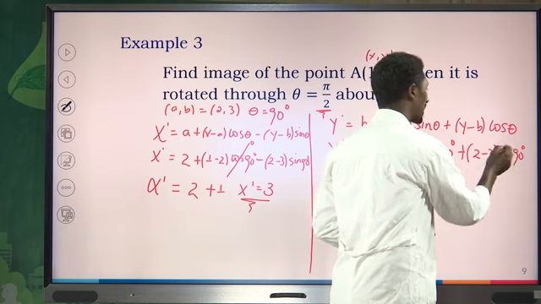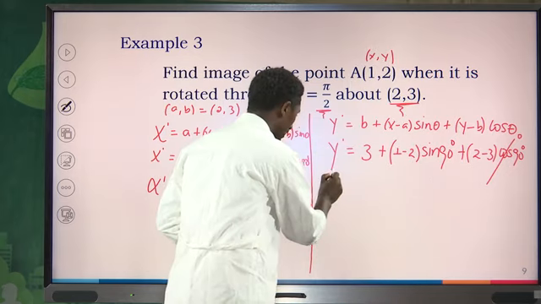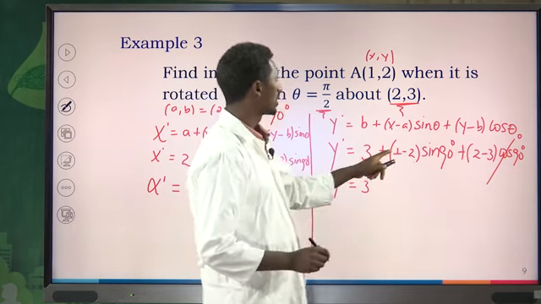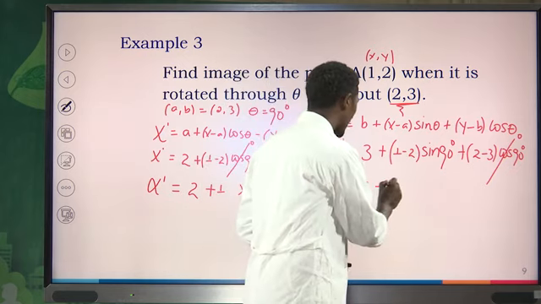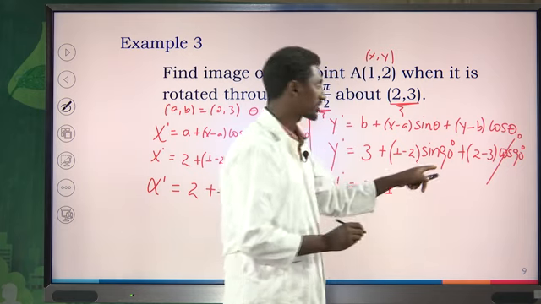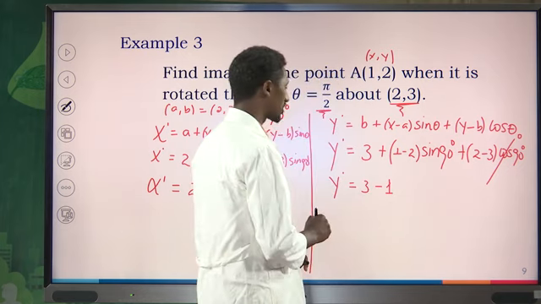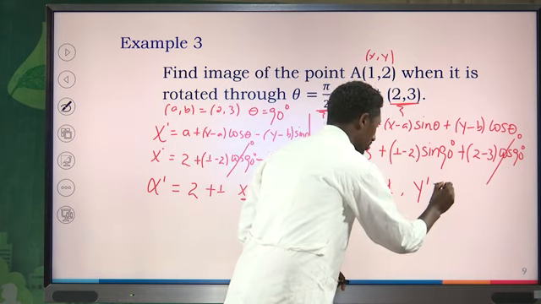Cos 90 degrees is 0, so this value is 0. Therefore y prime equals 3, then 1 minus 2 is minus 1. Minus 1 times sine of 90 degrees, which is 1, so it's minus 1. Therefore y prime equals 2.